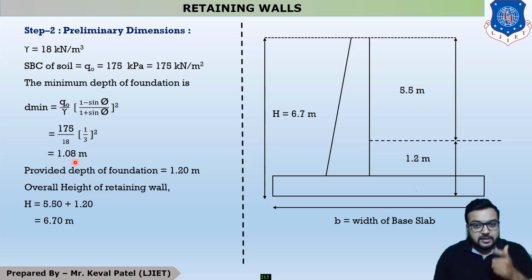It means if the depth above lower ground level is 5.5 meter, then you have to provide minimum depth of foundation 1.08 meter. So we have to provide greater than 1.08 meter. So we have to provide depth of foundation 1.2 meter.